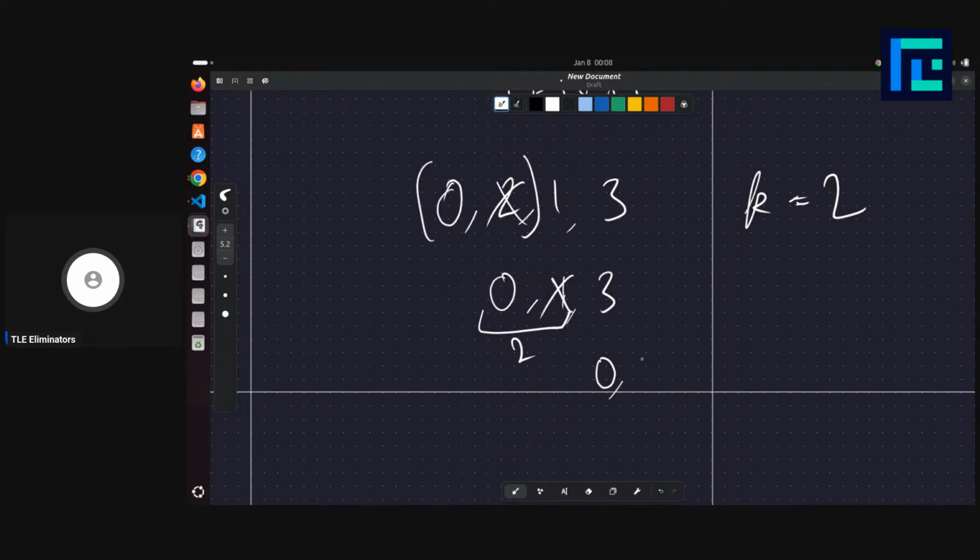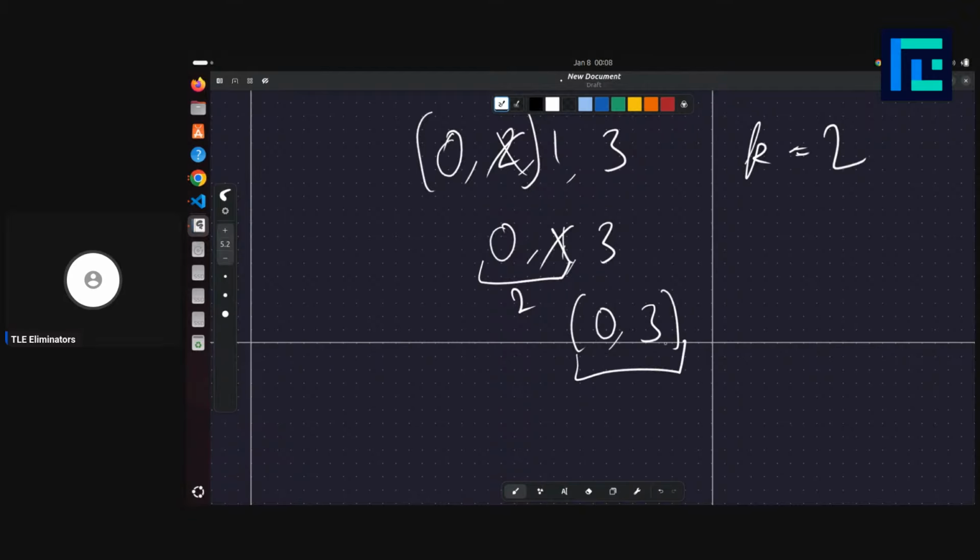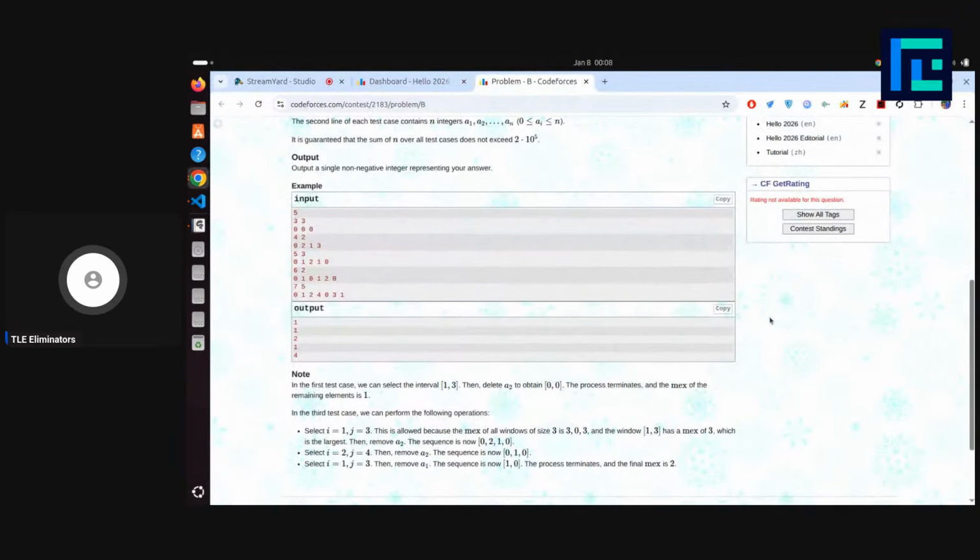So 0 comma 3 remains, and now there is only one subarray of size k, and we select either this number or this number. So I'll delete this number. The array becomes 0, of size k minus 1. Now the process stops, and the max of this is 1, and 1 is the maximum possible max that we can make. So that is the problem that we have to solve.